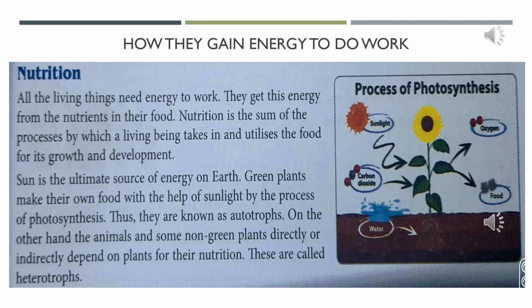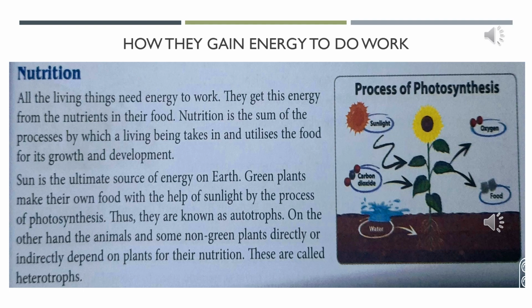Okay. So according to the book, all living things need energy to work. They get this energy from the nutrients in their food. Nutrition is the sum of the processes by which a living being takes in and utilizes food for its growth and development. The Sun is the ultimate source of energy on earth.